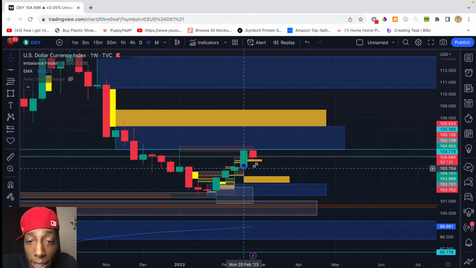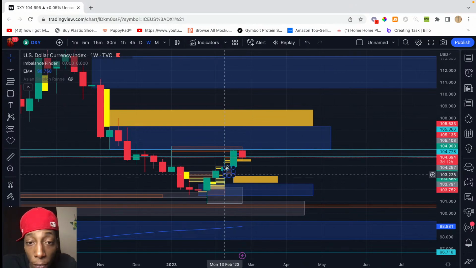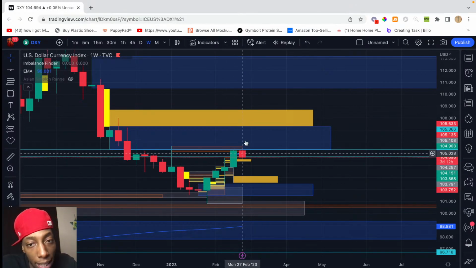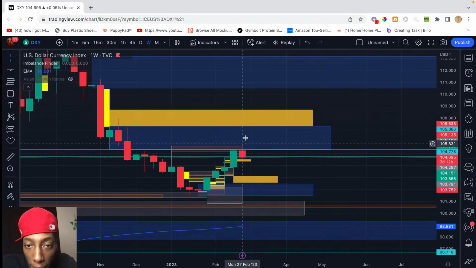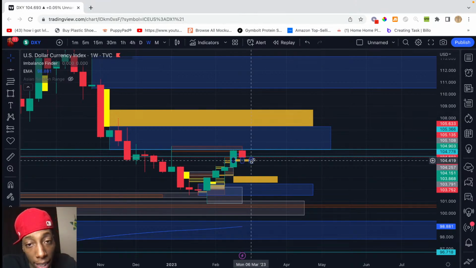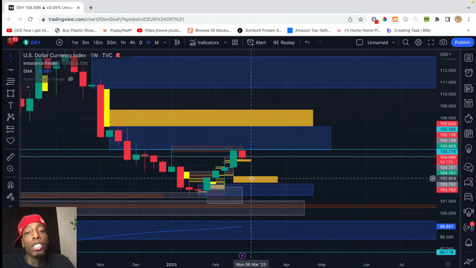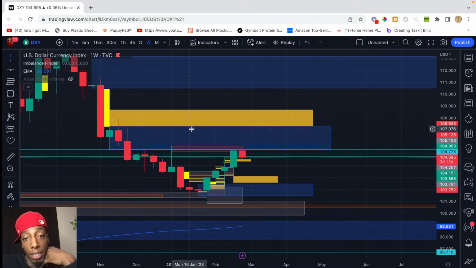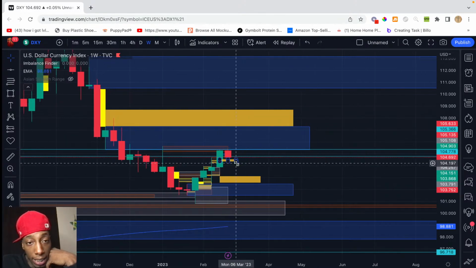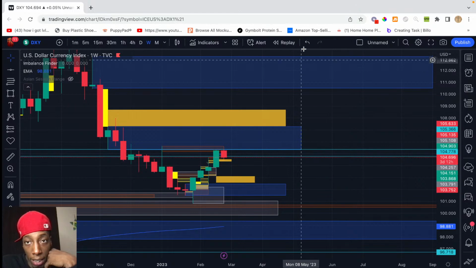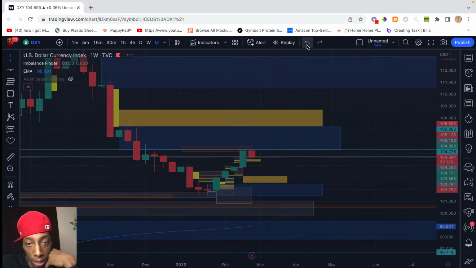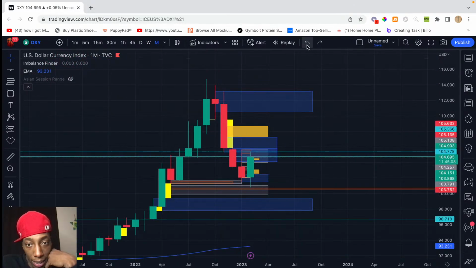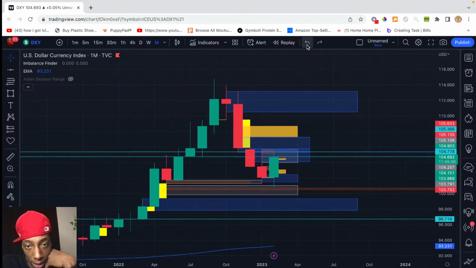So we sit here on a weekly, man. It's been going up for 4 weeks straight, and it tapped a weekly supply. And now it's looking like it want to drop, but we never know for sure, but we can anticipate it. So right here, we can see it's tapping this weekly supply. Matter of fact, let me get my other supplies back right quick.